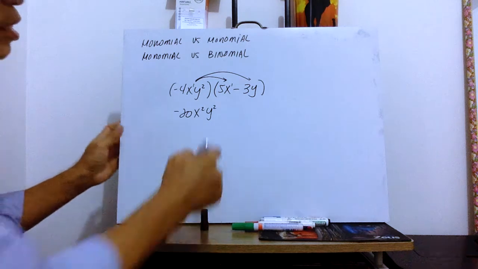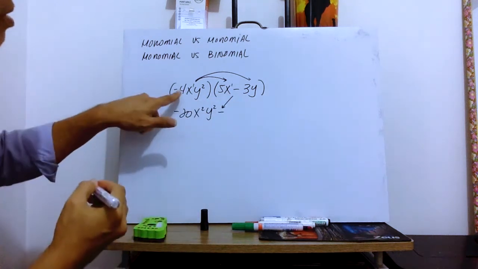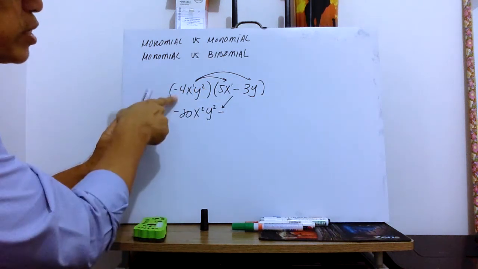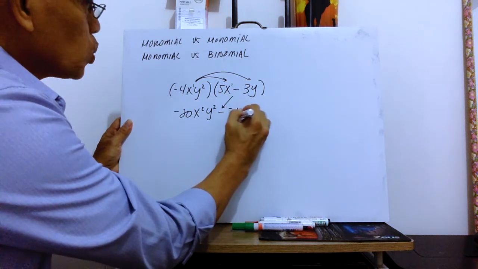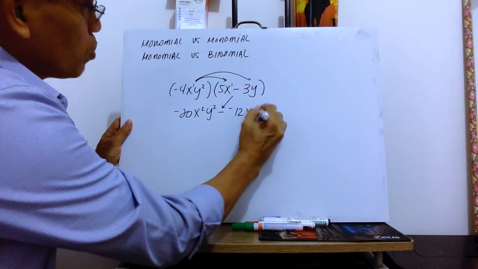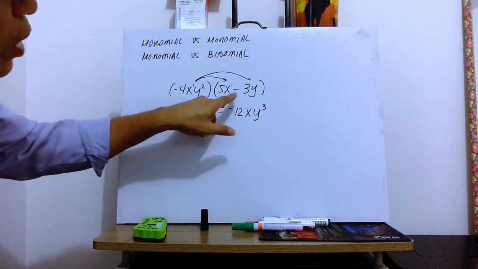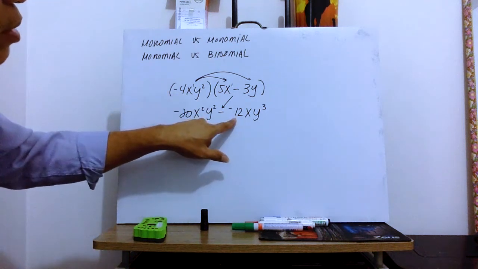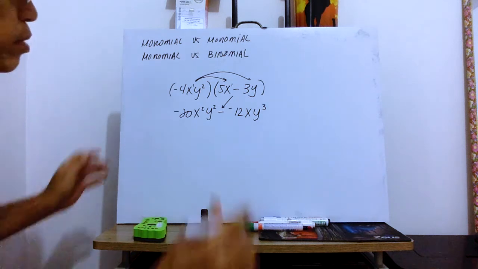After that, let's copy the minus sign here, and then multiply again. 4 times 3, that's negative 12 x y cubed. What do you notice? We copy the minus sign here, but you have a negative 12 there. Negative times negative is positive.